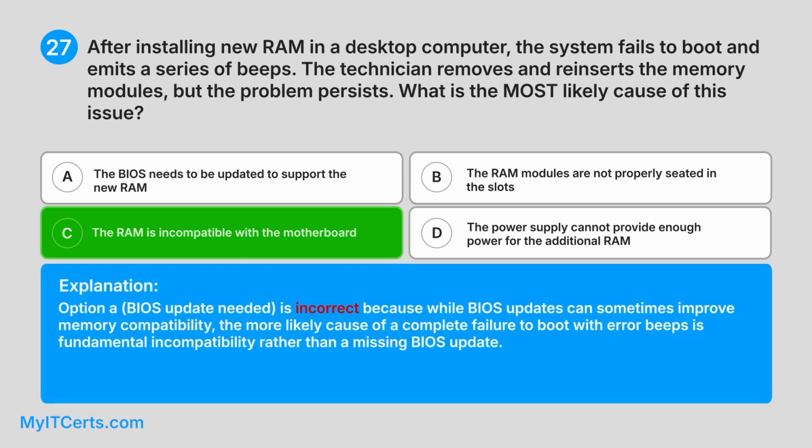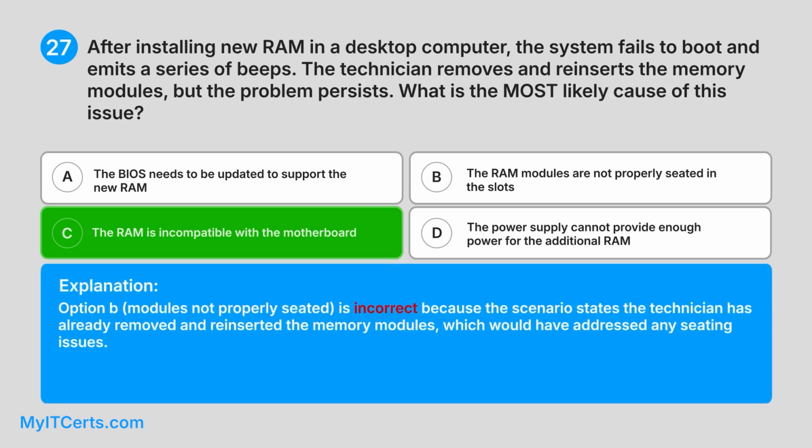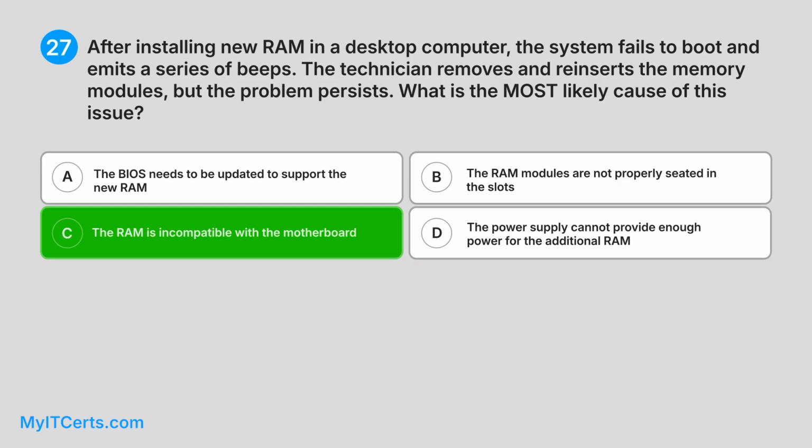Option A, the BIOS needs to be updated to support the new RAM, is incorrect because while BIOS updates can sometimes improve memory compatibility, the more likely cause of a complete failure to boot with error beeps is fundamental incompatibility rather than a missing BIOS update. Option B, the RAM modules are not properly seated in the slots, is incorrect because the scenario states the technician has already removed and reinserted the memory modules, which would have addressed any seating issues.